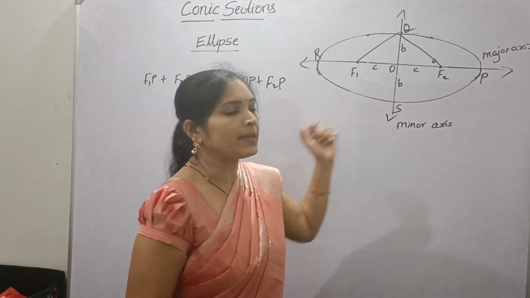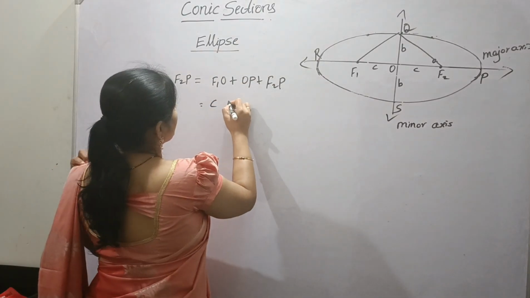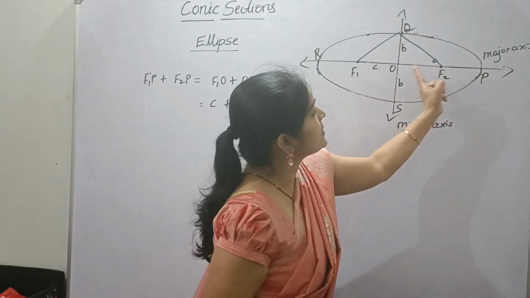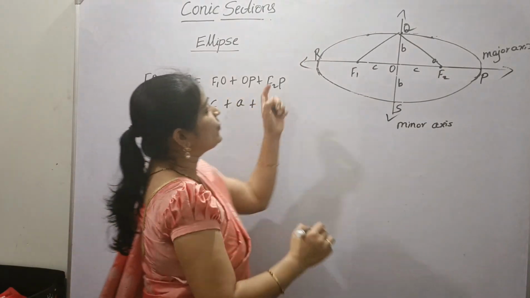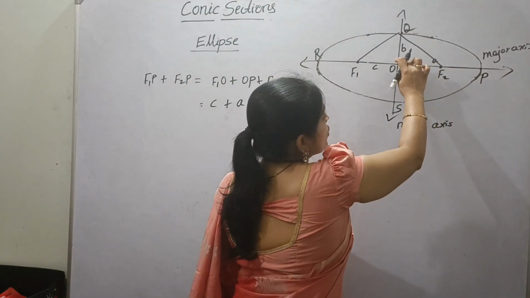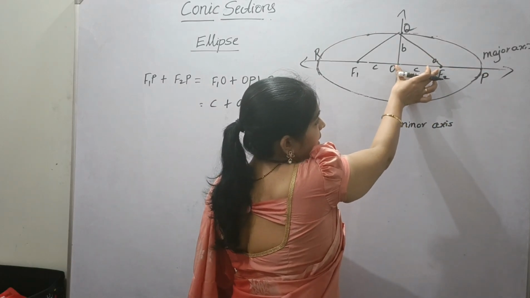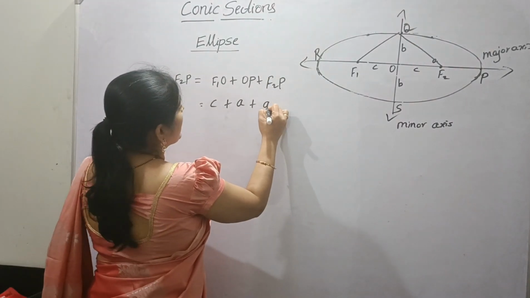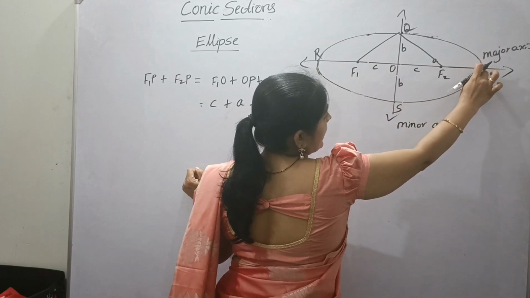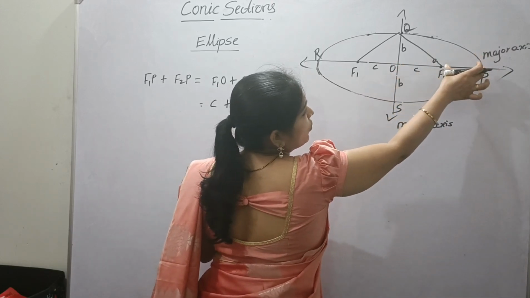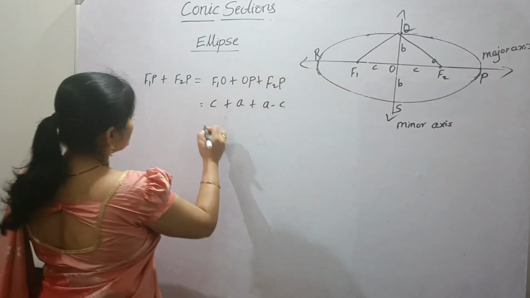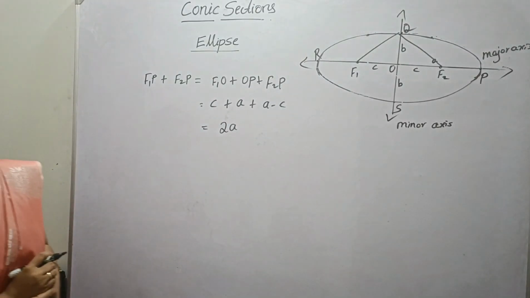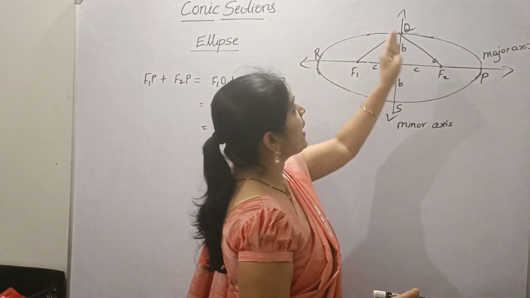That distance is nothing but C, we have taken it as C. Plus OP, that is A. Plus F2P. What is F2P? This total distance is A and this much is C. Therefore, this distance is nothing but A minus C. Here C cancelled, so it is 2A. And let us find what F1Q plus F2Q is.